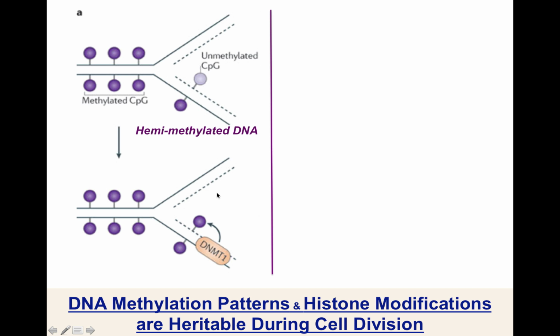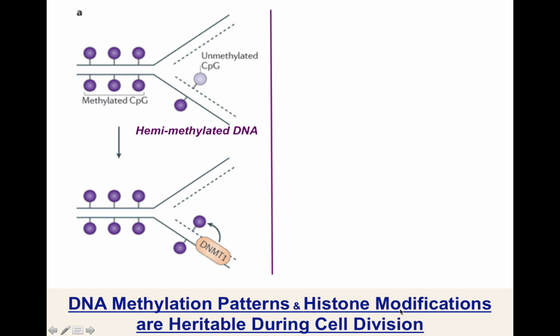Okay, this is a replication fork, and we started out with our parental strand being methylated here, and our newly synthesized DNA does not have the methyl group on it yet, but this hemimethylated DNA is the target for enzymes that will put the methyl group on the DNA, and now you have fully methylated DNA. So you can pass this information on from mother to daughter cell.